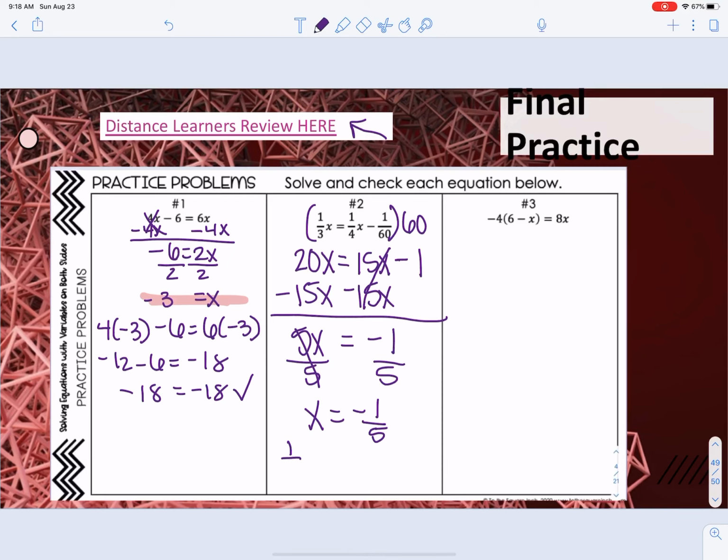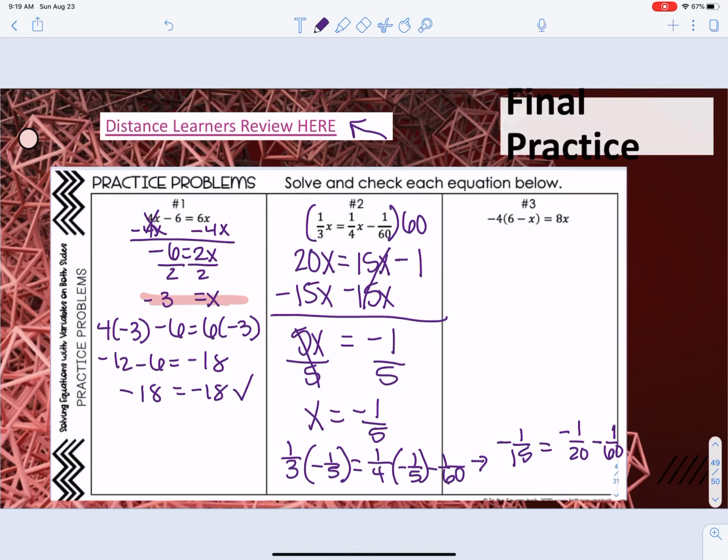So 1/3 times -1/5 is equivalent to a fourth times -1/5 minus a 60th. So 1/3 times -1/5 is -1/15. And then 1/4 times -1/5 is -1/20 minus 1/60.